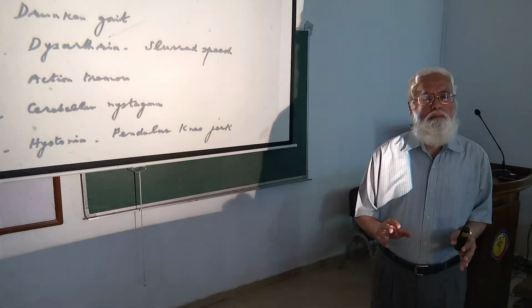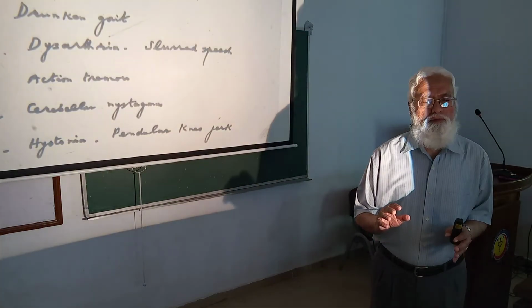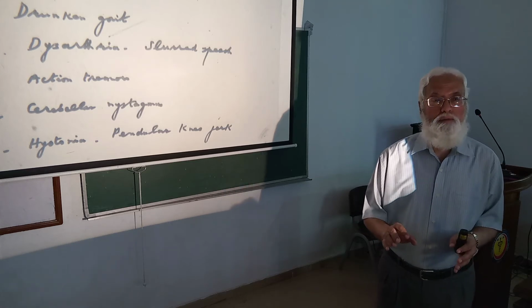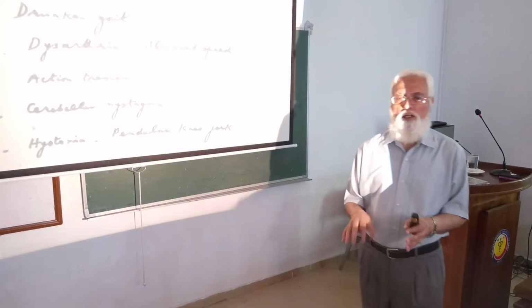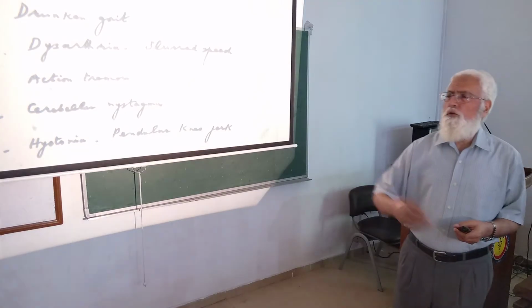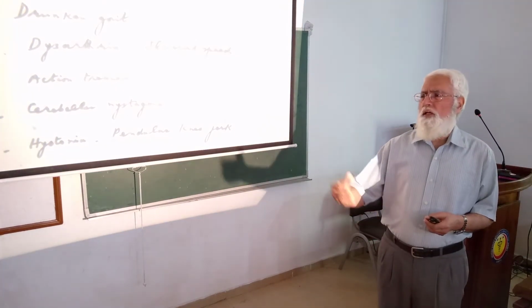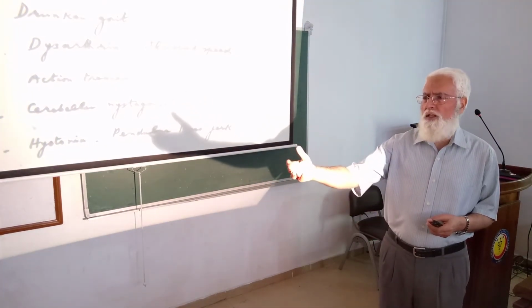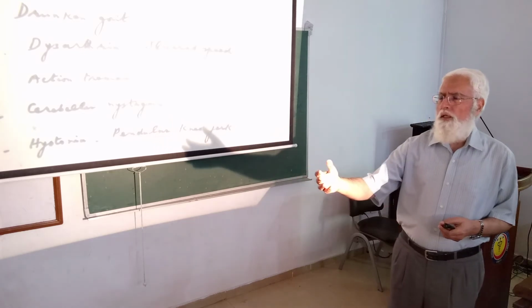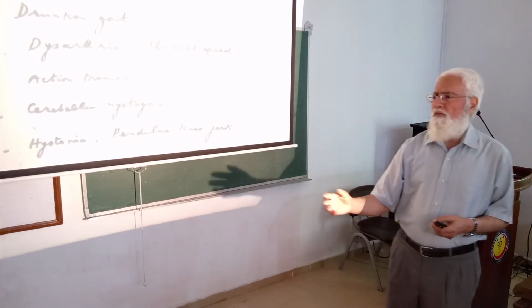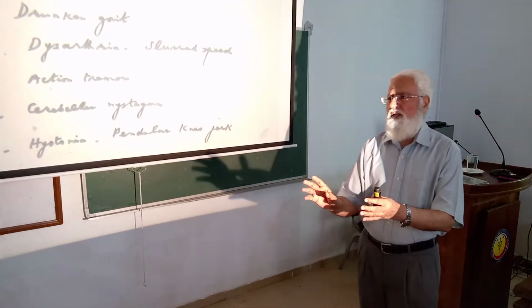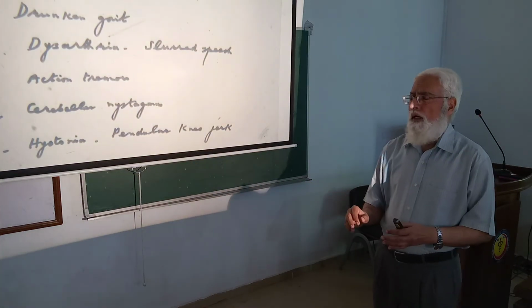There are some cerebellar function tests. You can diagnose this patient very easily. The patient enters the doctor's clinic and you see the patient having a drunken gait, staggering gait. Right?